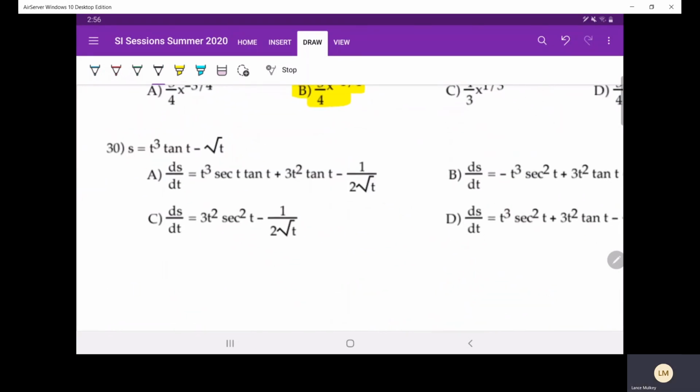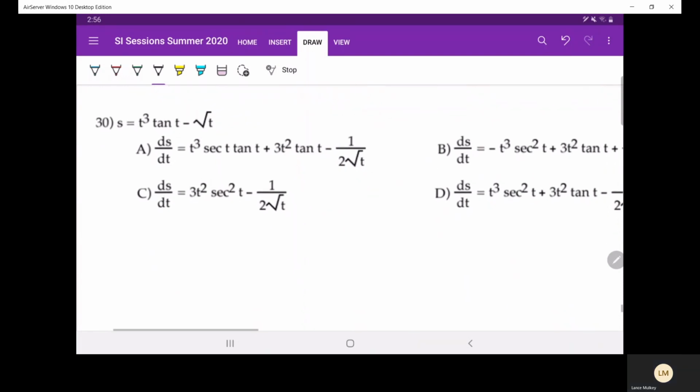So S equals t cubed tangent of t minus square root of t. He gave you a doozy. So S equals t cubed tan t minus t to the 1/2.